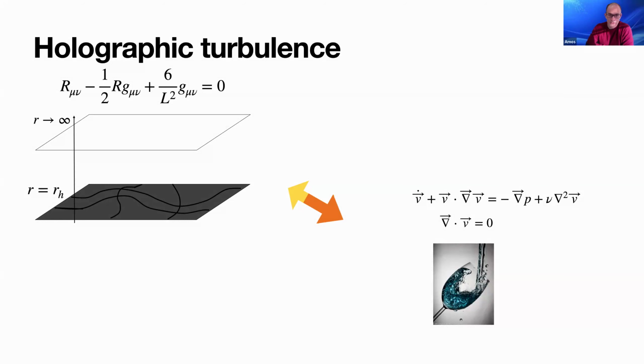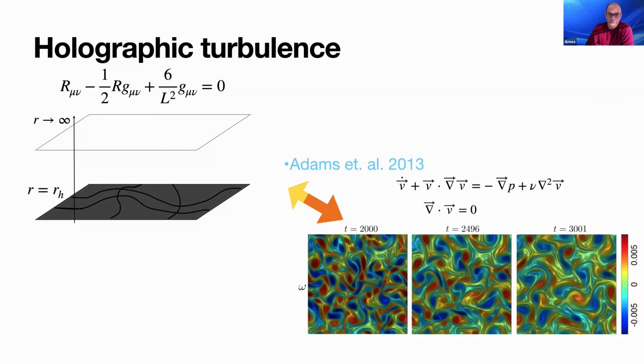One of the early checks of some relation of this type was done by a group at MIT. What they did was they solved the Einstein equation, and then they used this mapping to translate it to a fluid. What you're seeing here is really a fluid behavior that's associated with this type of flow, and this fluid is turbulent.